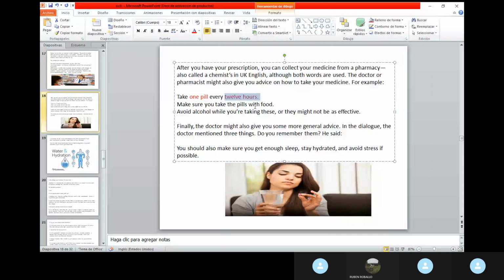They say take the pills with food and avoid alcohol. Okay, this is the prescription the doctor gave about the pill and other things.